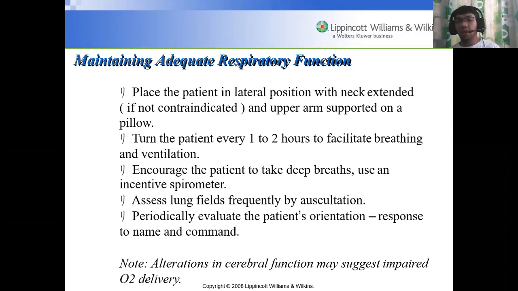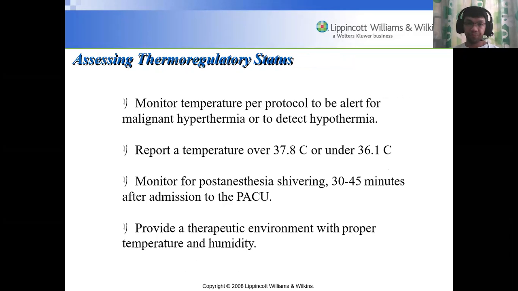Assess lung fields frequently by auscultation, and periodically evaluate the patient's orientation and response to name and command. Note that alterations in cerebral function may suggest impaired oxygen delivery. They may need oxygen if they are disoriented or have slurred speech. We need to administer oxygen as per doctor's order.